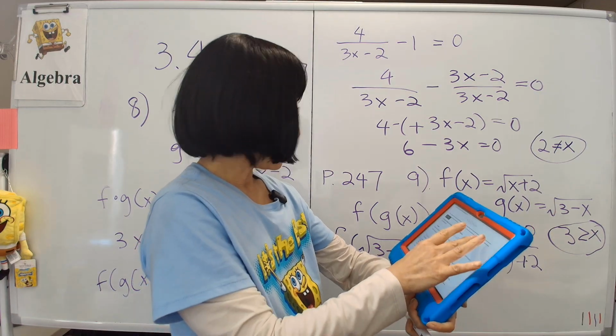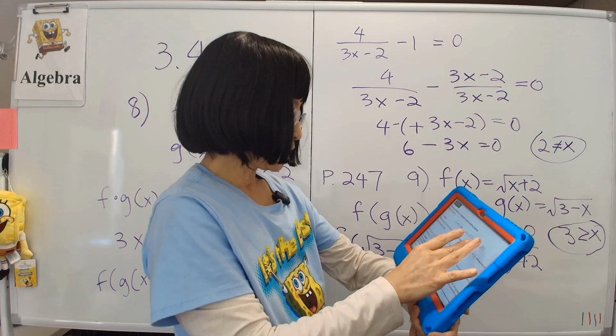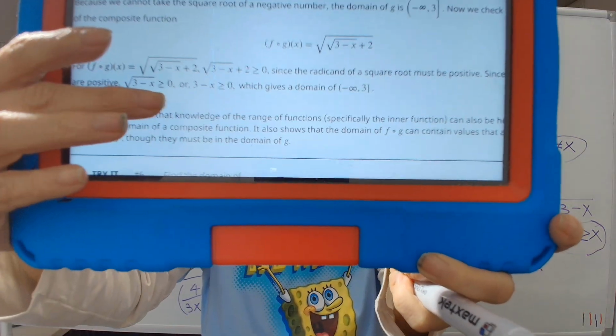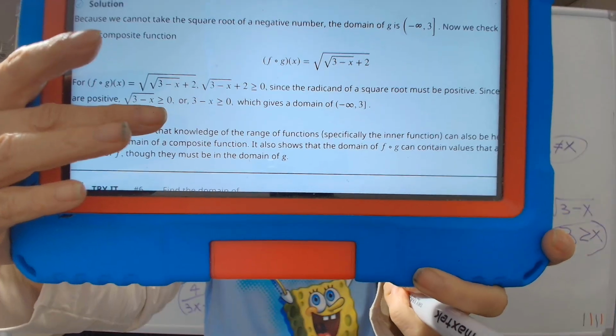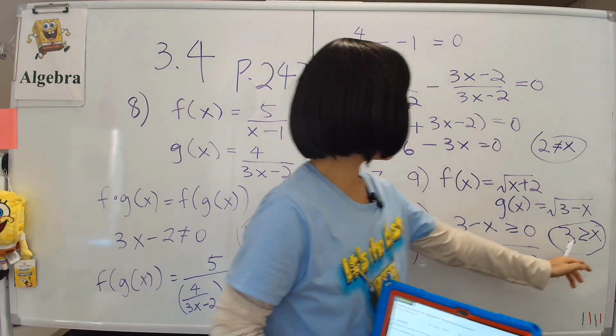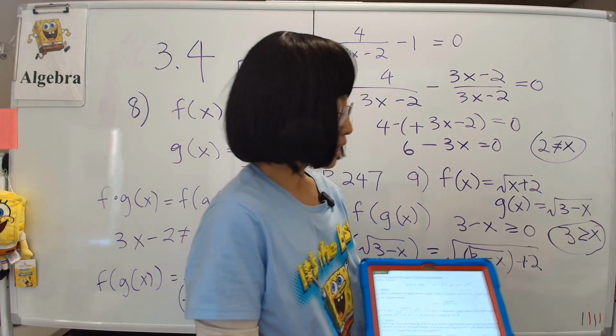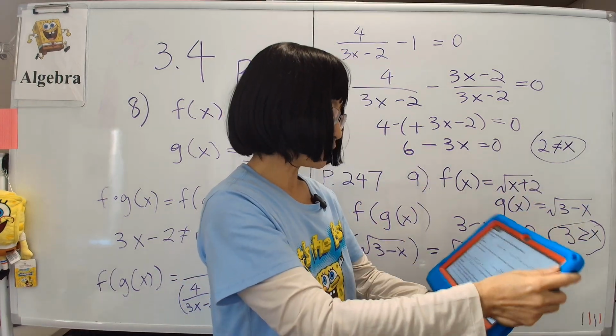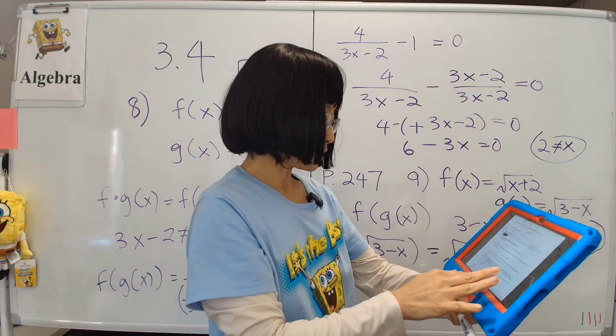Let's see. Yeah, so the answer is the domain goes from negative infinity all the way up to 3 with a bracket, which means 3 is included because there's an equal sign in here. So any x that's 3 or less is acceptable as the domain. So that's example 9.